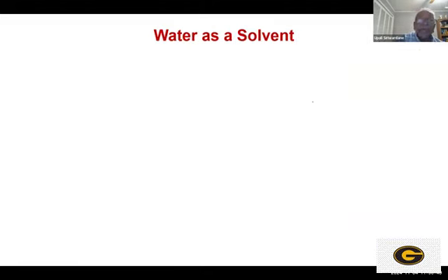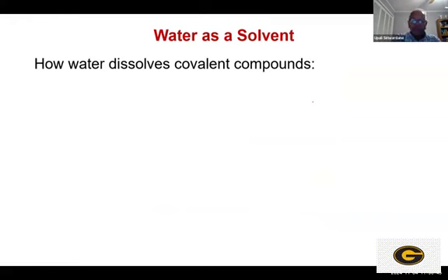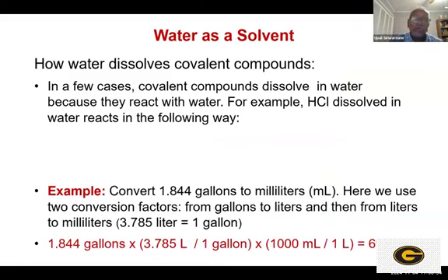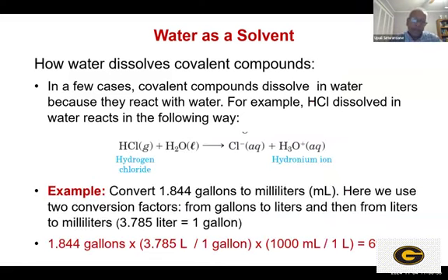How does water dissolve covalent compounds? For example, HCl breaks up in water almost 100%. Therefore, there are a lot of chloride ions and hydronium ions.